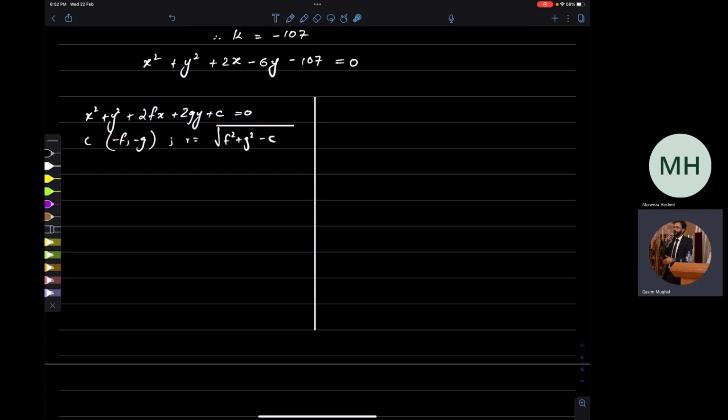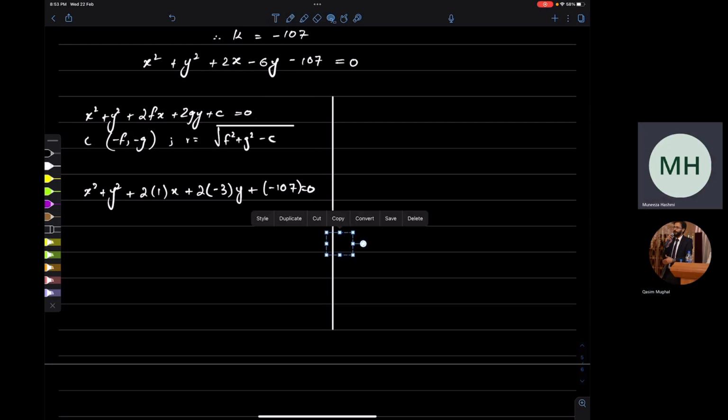In order to do that, I need to make a bit of changes in these two terms. So x squared plus y squared plus 2 times 1 times x plus 2 times negative 3 times y plus negative 107 equals 0. Clear? Yes, sir.